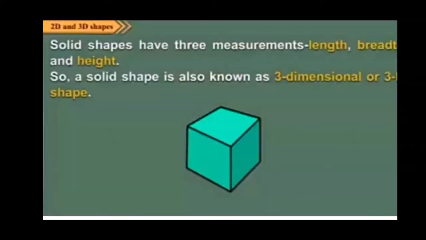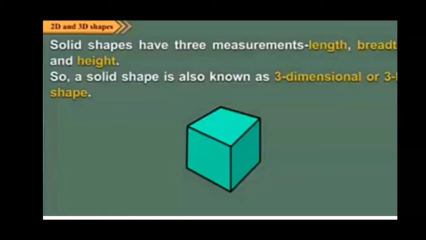Students, in chapter 2, the next concept we are going to learn is 3D shapes. So far, from the lower classes, you have learned 2D shapes. 2D shapes means they have 2 dimensions, namely length and breadth.